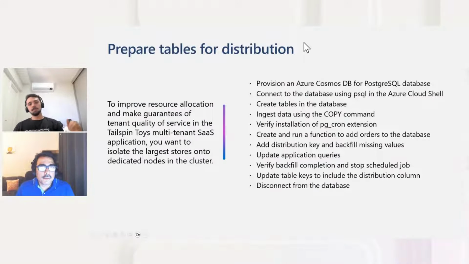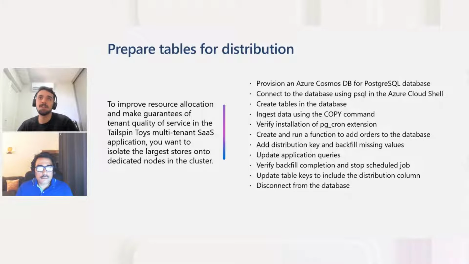Yeah. So this is a summary of what happened, right? The first thing was to provision an Azure Cosmos DB for Postgres database. I did it through the UI. I connected it using PSQL. I created the tables. I did an ingest using the copy command, right?